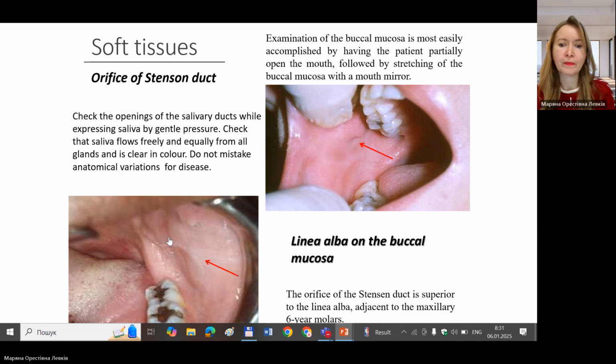So dental practitioners should be aware of anatomical structures to prevent misdiagnosing. Examination of the buccal mucosa is most easily accomplished by having the patient partially open the mouth, followed by stretching of the buccal mucosa with a mouth mirror.